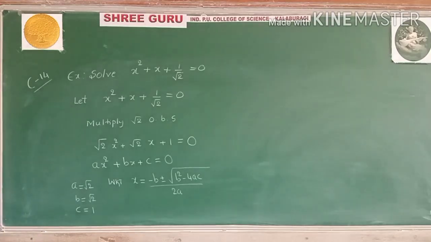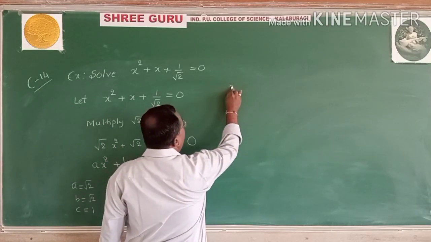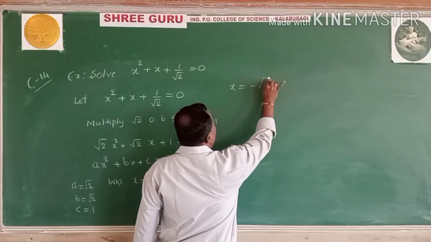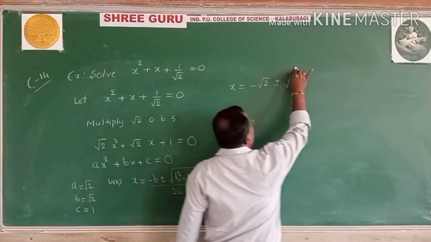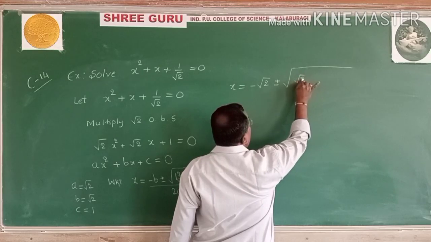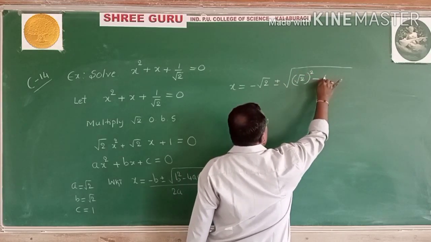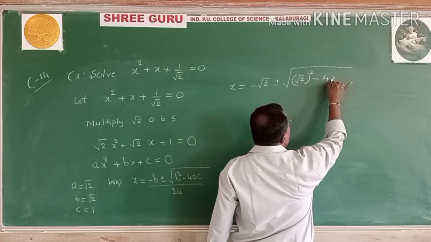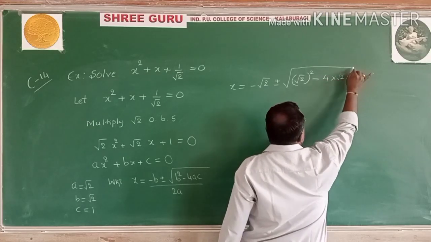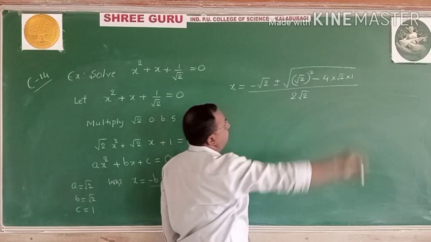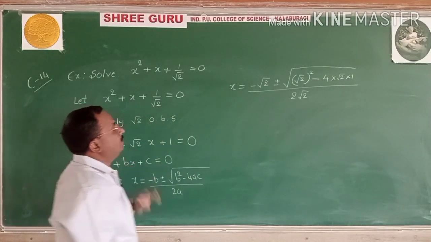Substitute a value, b value, c value. x is equal to minus b, b is root 2, minus root 2 plus or minus square root of b square, root 2 square, minus 4 times a, which is root 2, times c, which is 1, divided by 2 root 2.